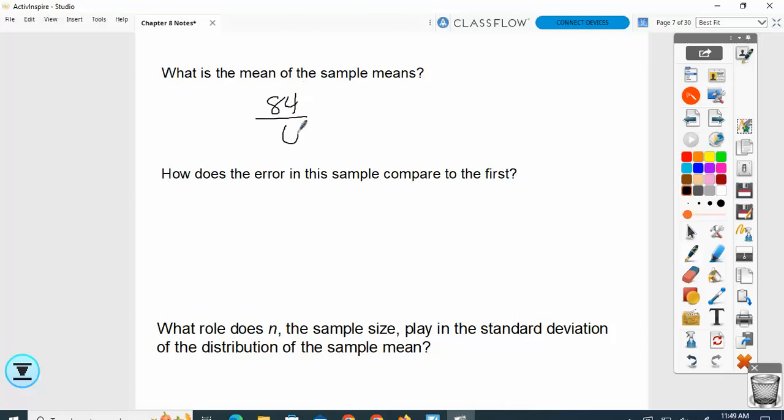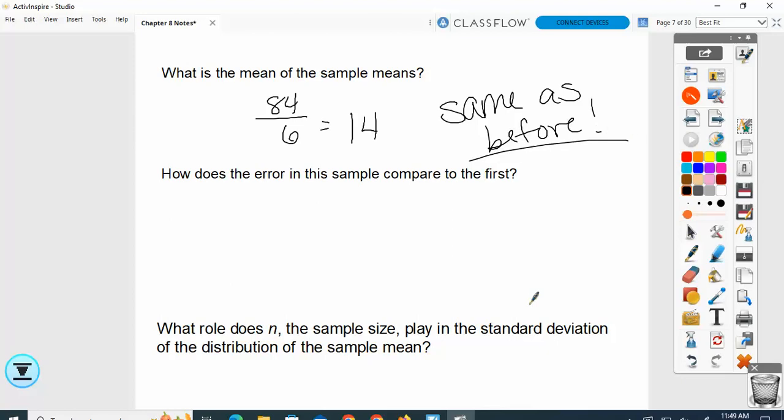We're dividing by 6, and we get 14, the same as before. Alright, so do we feel confident that the average for the sample means would be the same as the original?